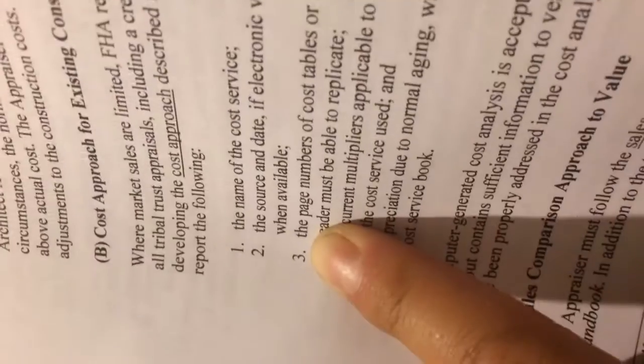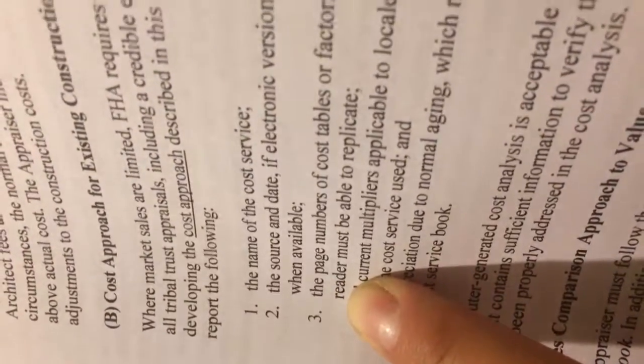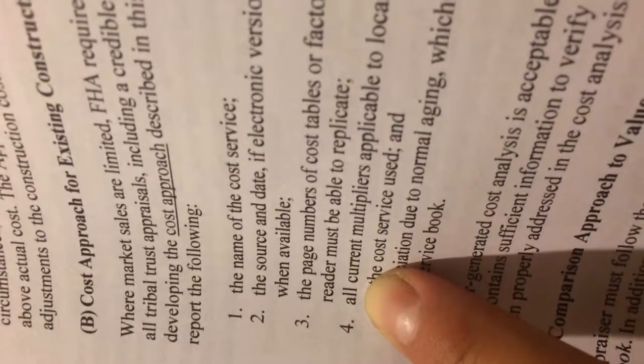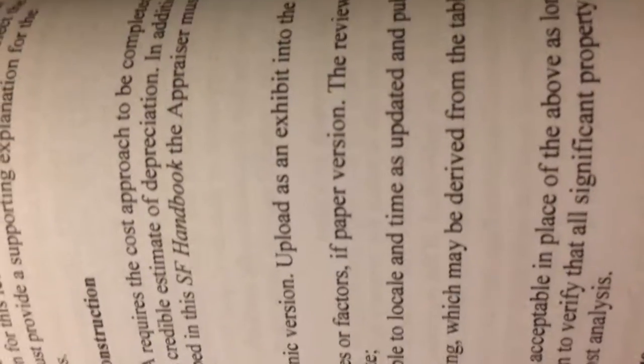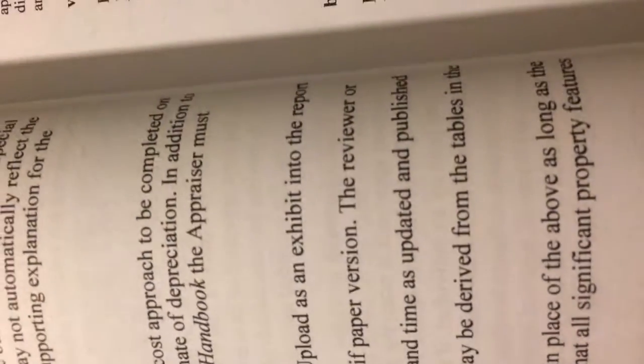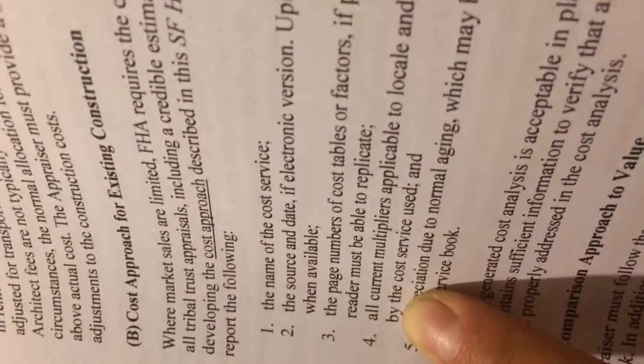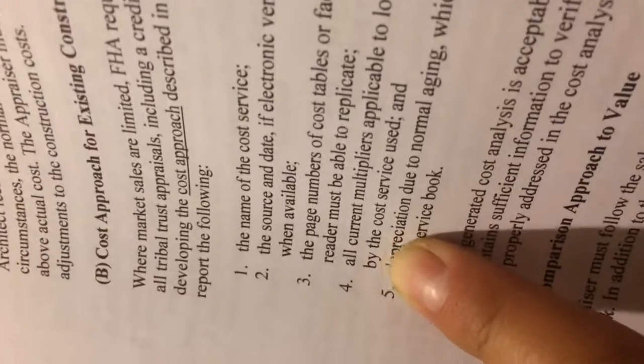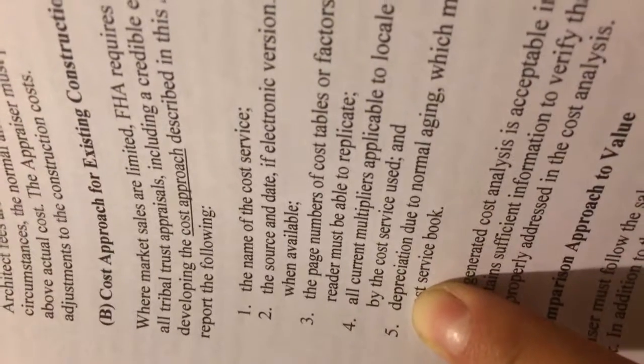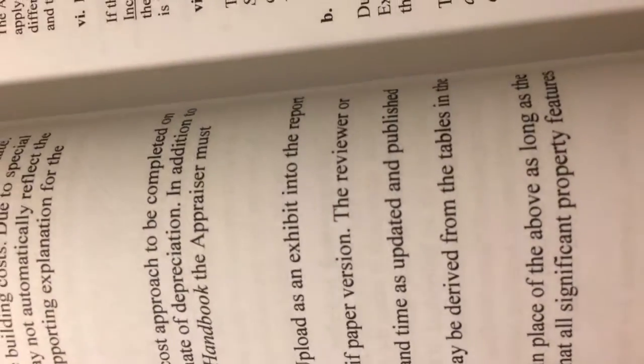If paper version, the reviewer or reader must be able to replicate. 4. All current multipliers applicable to locale and time as updated and published by the cost service used. And 5. Depreciation due to normal aging, which may be derived from the tables in the cost service book.